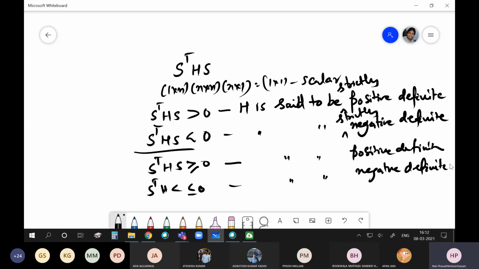So if we can prove that the Hessian matrix is positive definite, then at the stationary point what can we have? Basically, if this is positive definite, it implies that f of x, the function, is concave or convex.